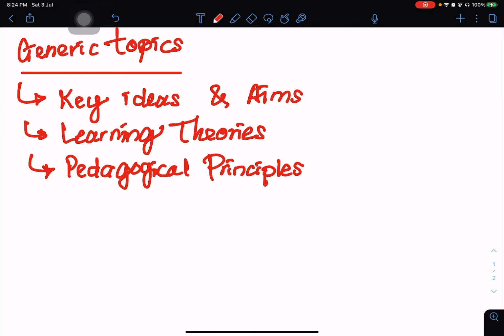Okay, so we do need to look at the learning theories and the pedagogical principles when we design activities for measurement and geometry.